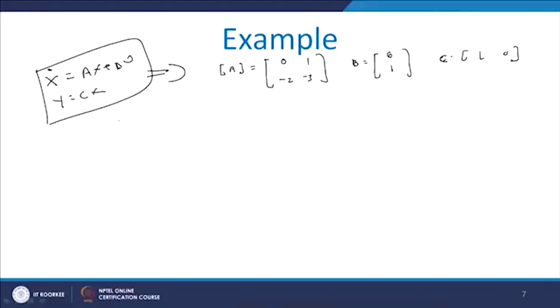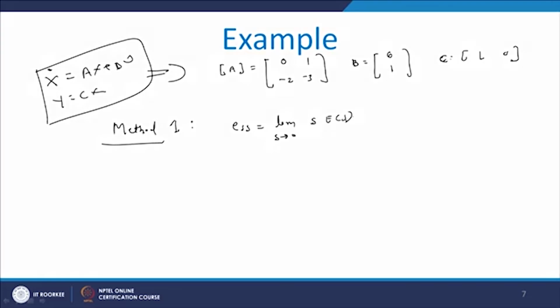So, first of all we use method number 1. So, method 1: steady state error equals limit s tends to 0 of s into E(s). And what is E(s)?